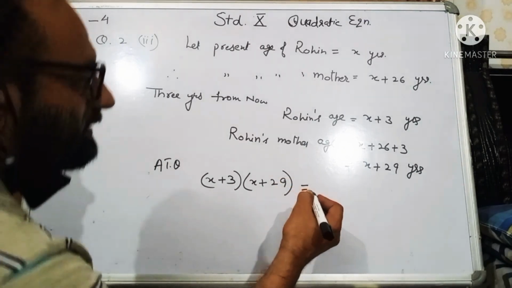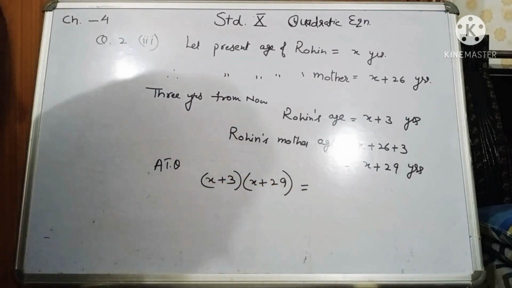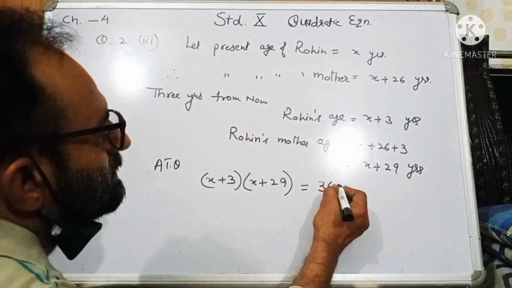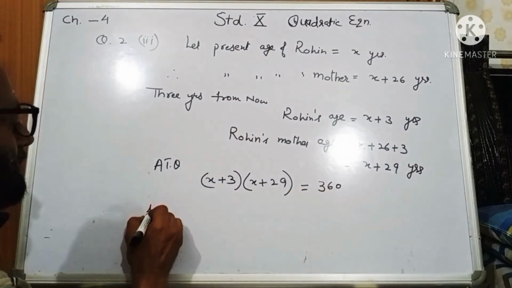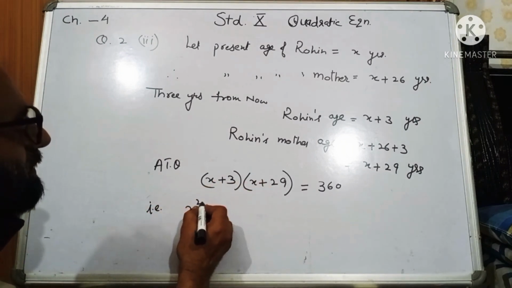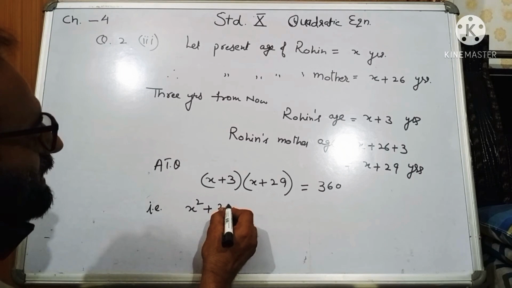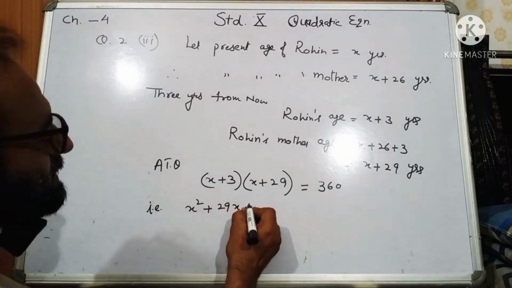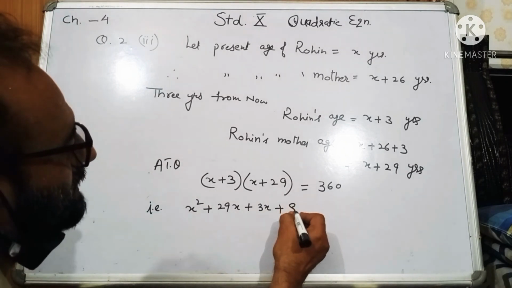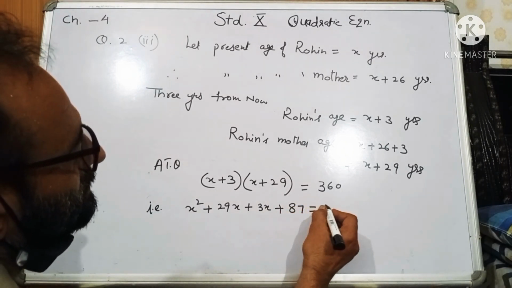Their product is equal to 360. That is x into x, x square, plus 29x plus 3x plus 3 into 29, 87, is equal to 360.